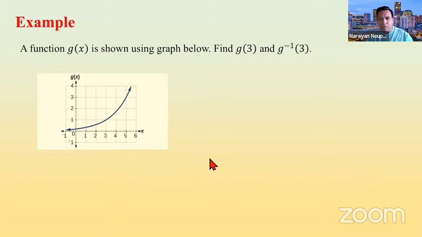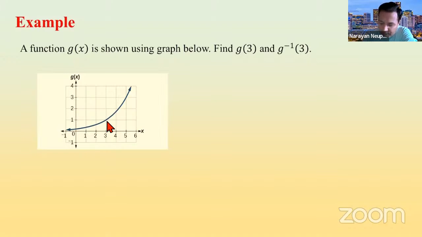Okay, I hope you have your question written down. Let's work on this one. So you can see there is a function g of x given here in the graph. So the function is given in the form of a graph. We have to find g of 3 and g inverse of 3. Now, if you look at this graph carefully, you can see that there are 2 points which we can read easily. For example, this point.